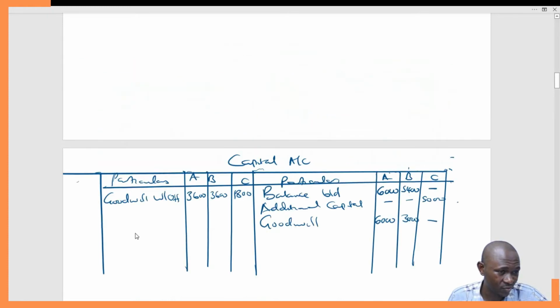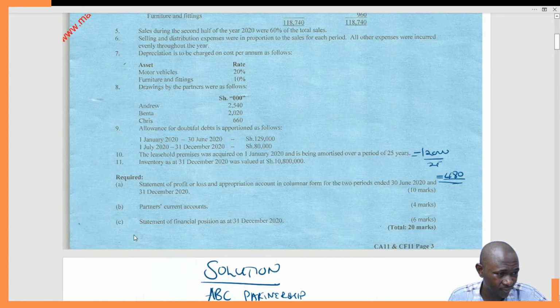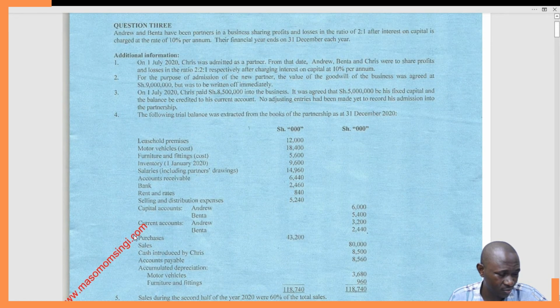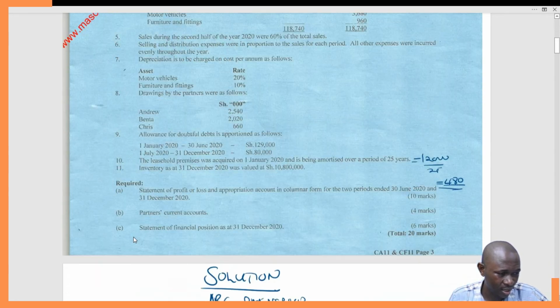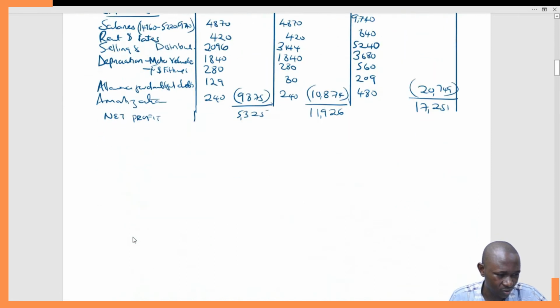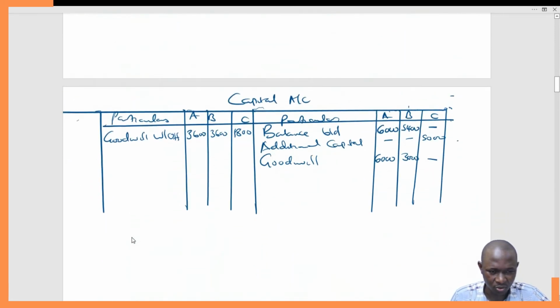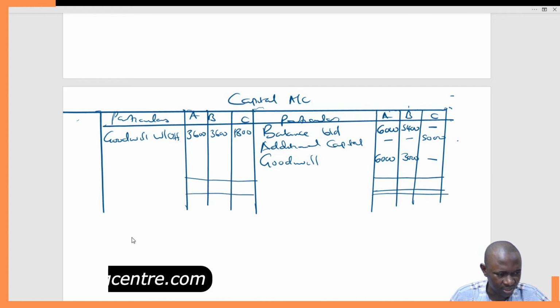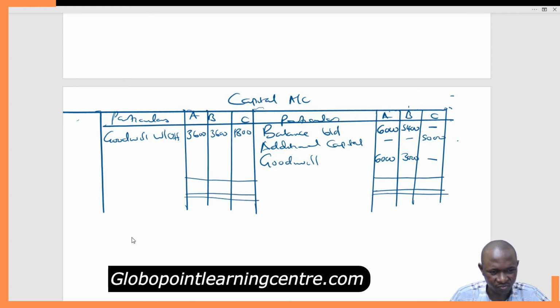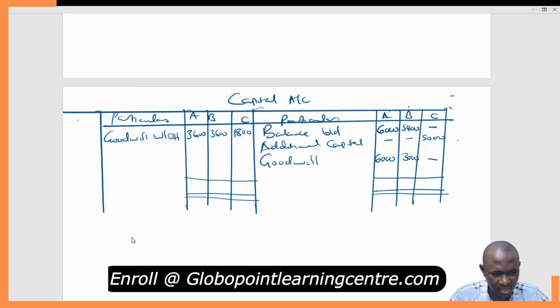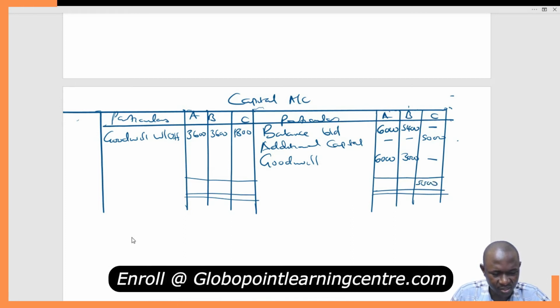Is there anything that we need to do on the capital account before we can proceed with the appropriation account? We are doing the capital account because those figures will be used in the appropriation account. So if there's nothing else, the capital account, we close it. That's how we close an account. And we take the side with the highest figure as our balancing figure. So 5,000, 8,400, definitely 5,000 is high.